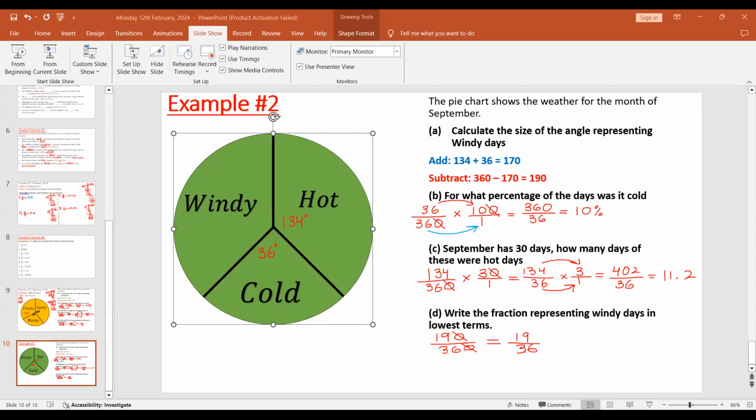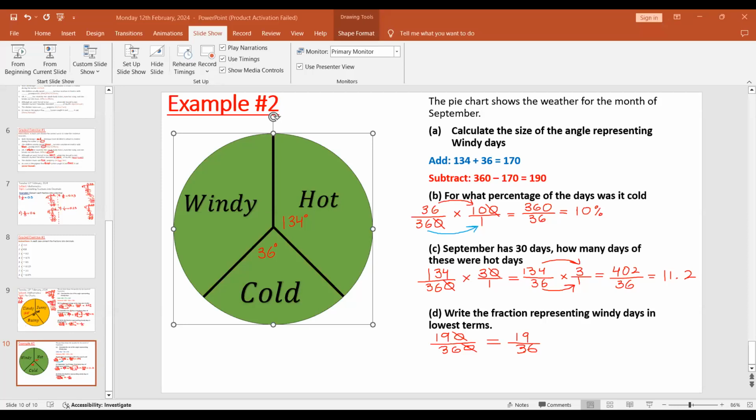Yes, sir. First, the question is asking us to calculate the size of the angle representing windy days. First we need to find the degrees for hot and cold.